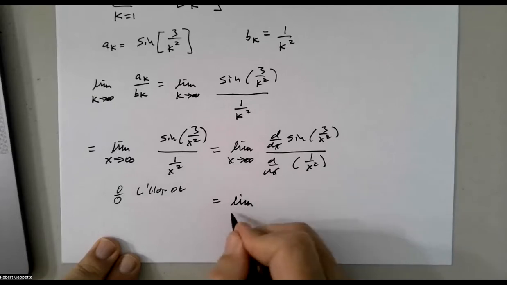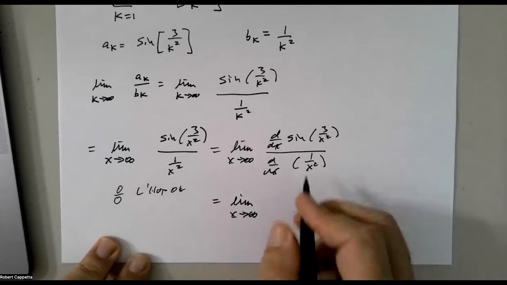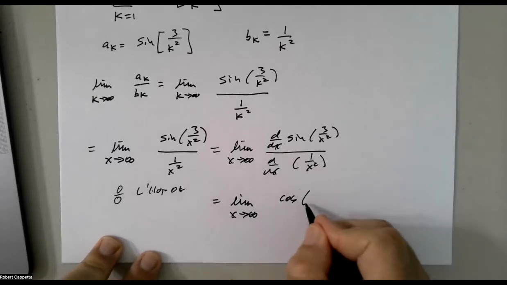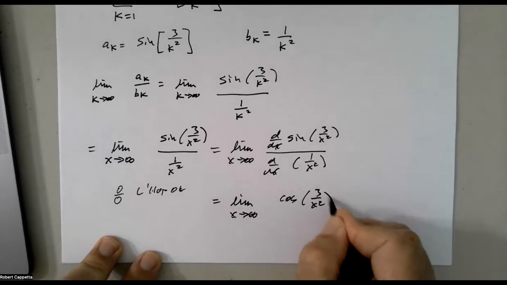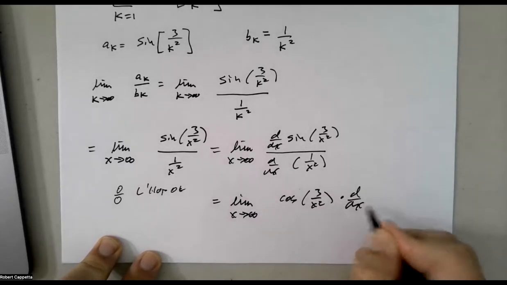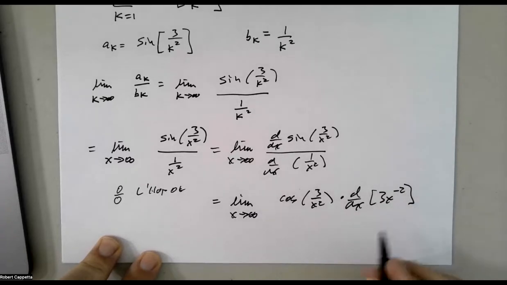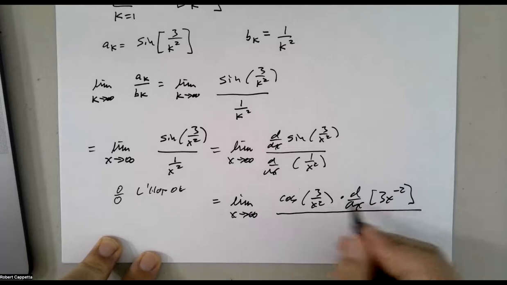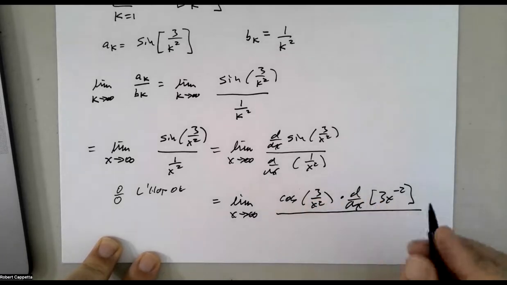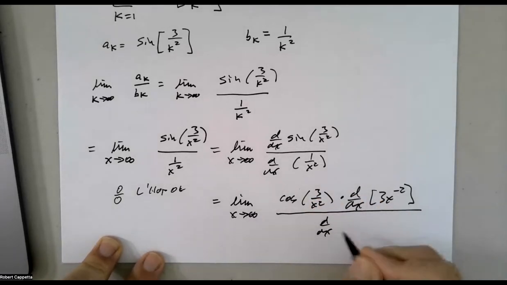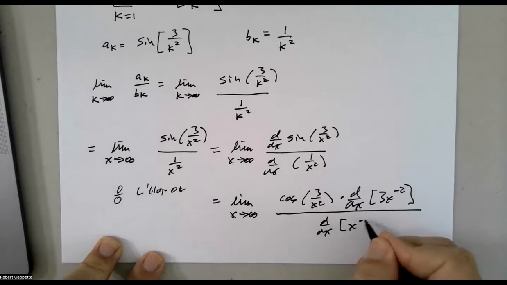The limit as x goes to infinity of the cosine of 3 over x squared times the derivative with respect to x of that, which I'm just going to rewrite as 3x to the negative 2 to make my life a little easier. And on the bottom, what's the derivative of 1 over x squared? I'm going to write that as the derivative of x to the negative 2.